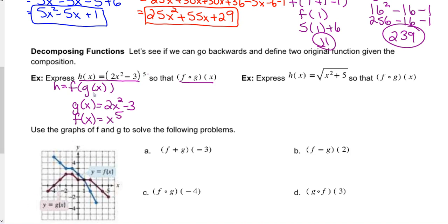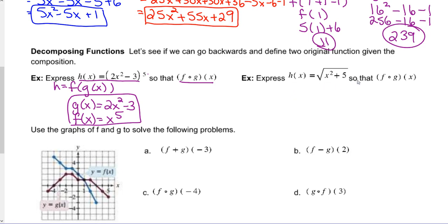So if you think about it, if I take this g function and I put it in right there, take out the x and put that in, I get exactly what I started with, okay? So express h of x as f of g of x. So these are my two functions, and this would be my final answer on that, okay? Separating it out to find f and g.